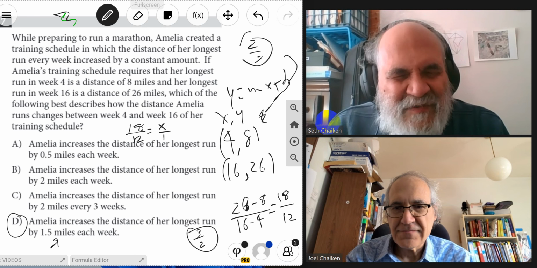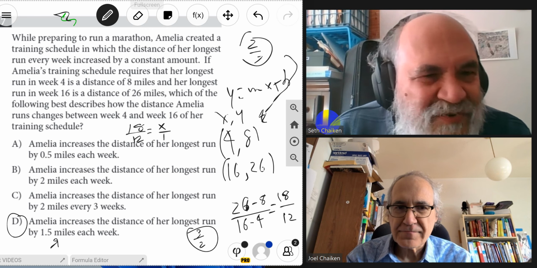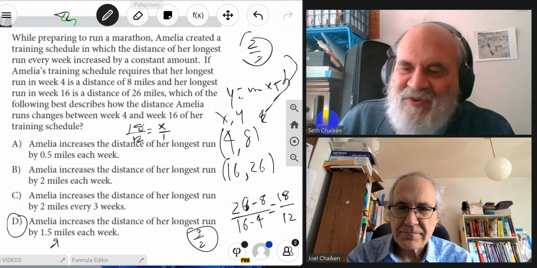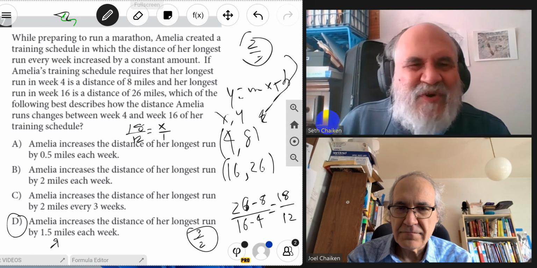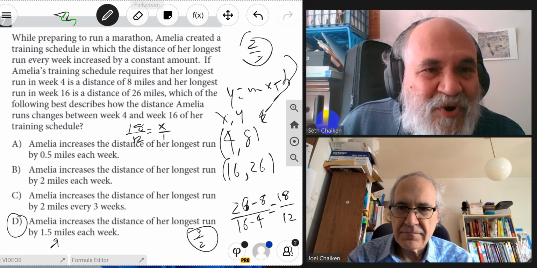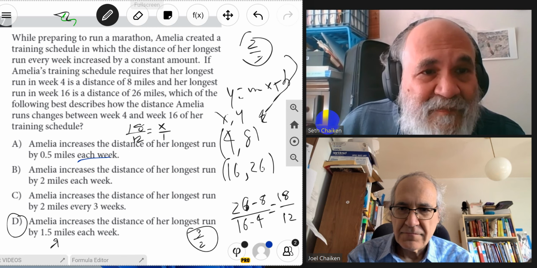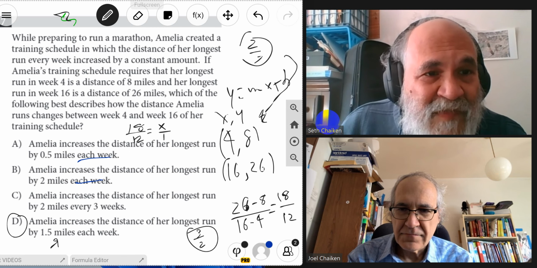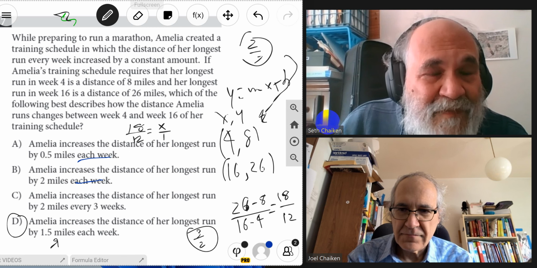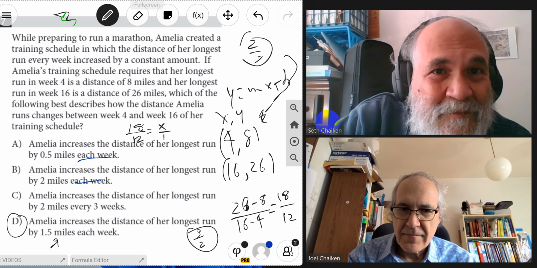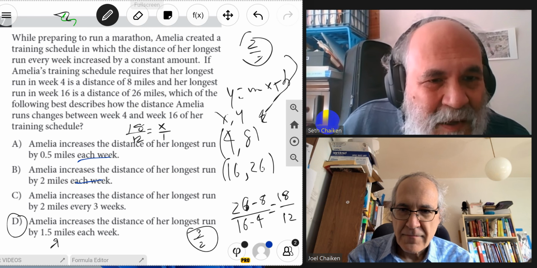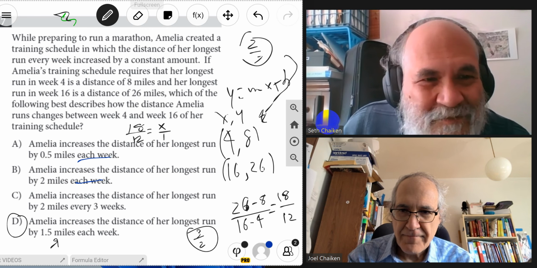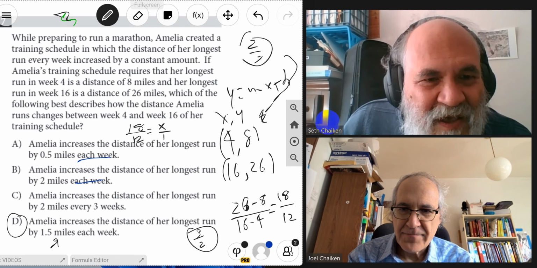Notice that the rates of increase are expressed in 3 different ways with 4 different choices. This is per week, the amount per week, and this one is per 3 weeks. And this is also per week.